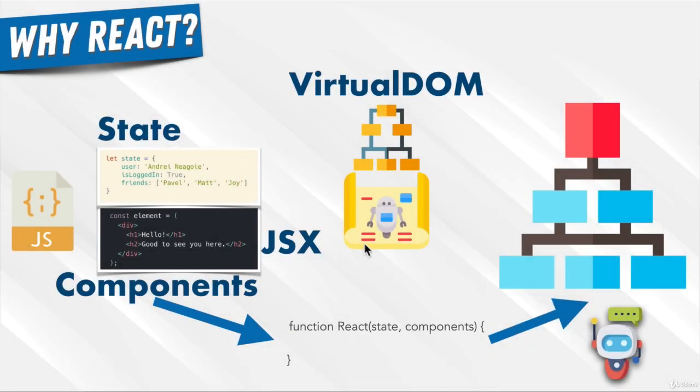Now, why is that? Because anytime we change the state, let's say a user clicks that button to change the state to a new string, when that click happens, React actually intercepts. Because remember, React is the one that's talking to the DOM. It's going to intercept that click and report back and say, hey, I just got a click on the DOM.